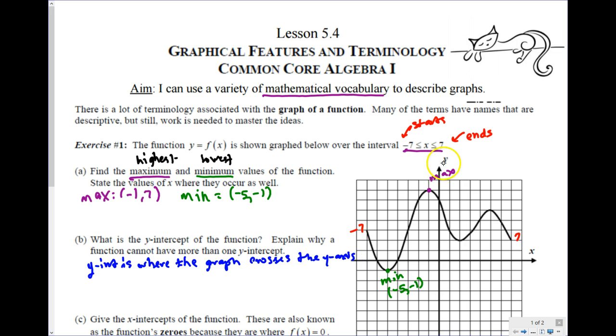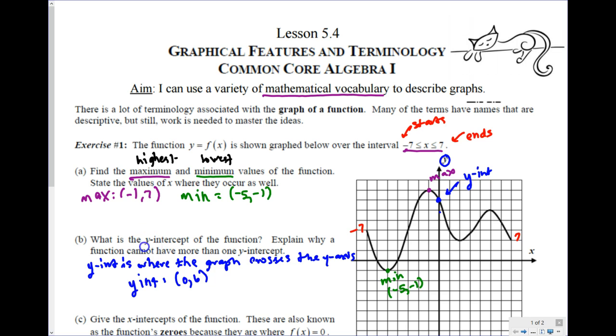So here's my y-axis right here. It's the one that goes up and down. Where does this graph intersect it? Right there where my blue dot is. That point is my y-intercept. And that is at the point 0, 1, 2, 3, 4, 5, 6. Okay.